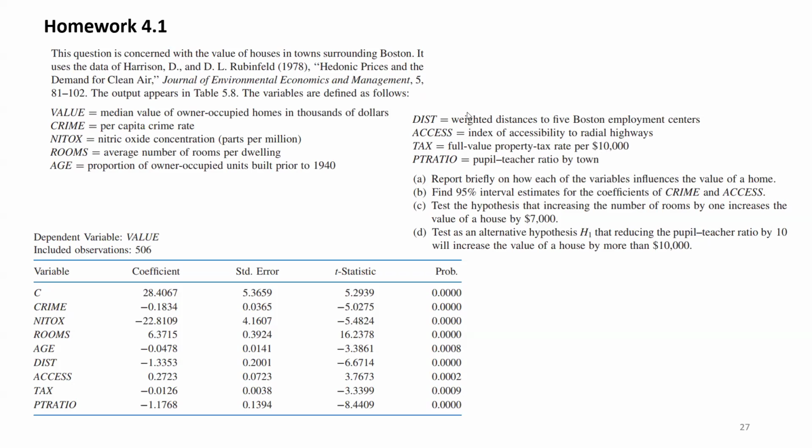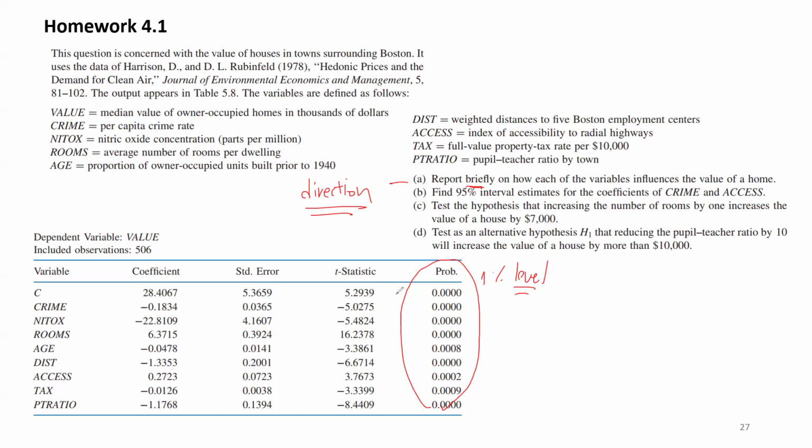So please report briefly. Briefly means you need to report only direction, okay? Because all of them are significant at 1% level. So just explain to me only the direction and see whether it makes sense or not.